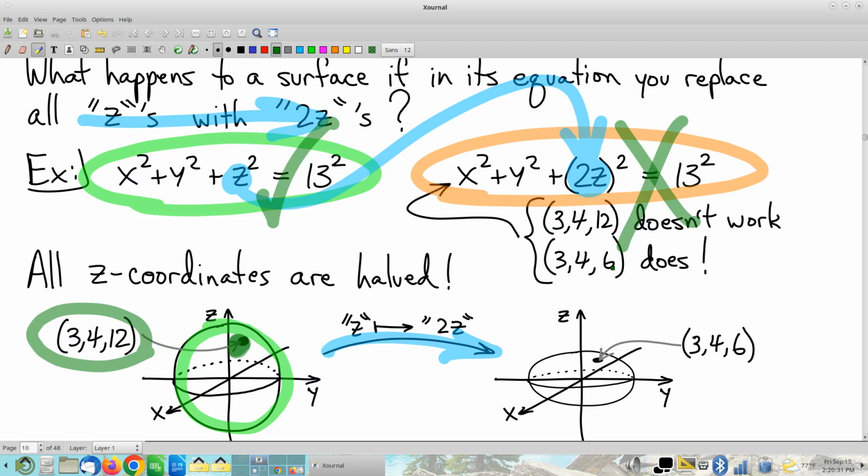But you can kind of reverse engineer the problem and say, okay, well, yeah, fine, 3, 4, 12 doesn't work anymore. But if I were to cut that 12 in half, now let's look at 3, 4, 6.